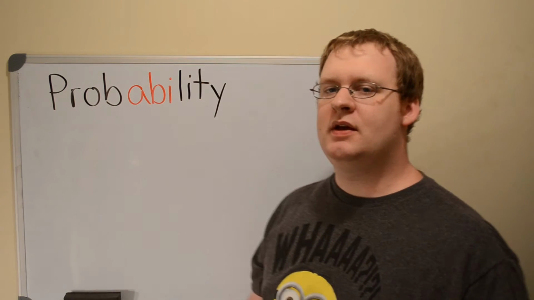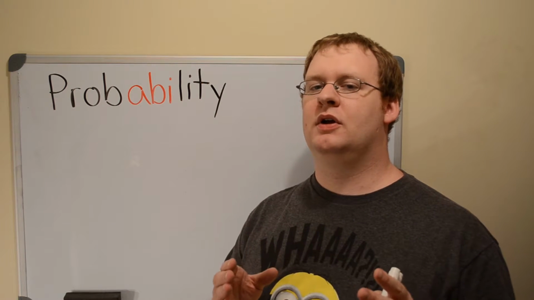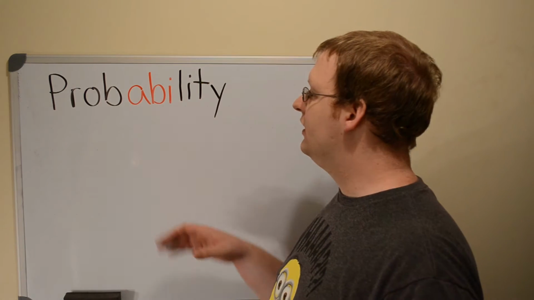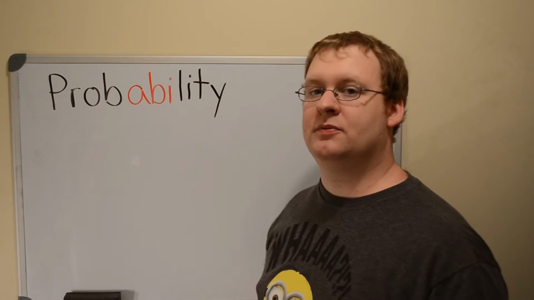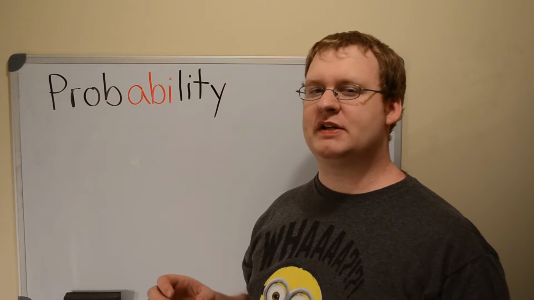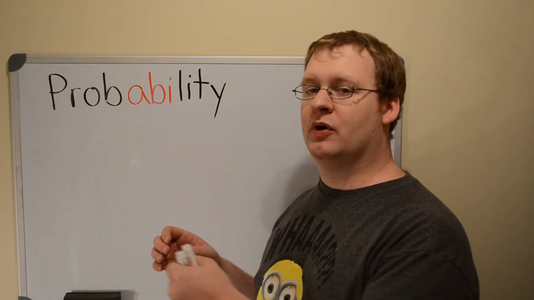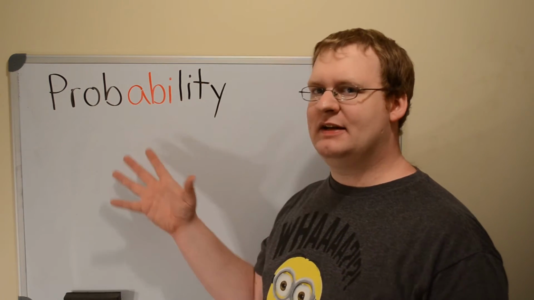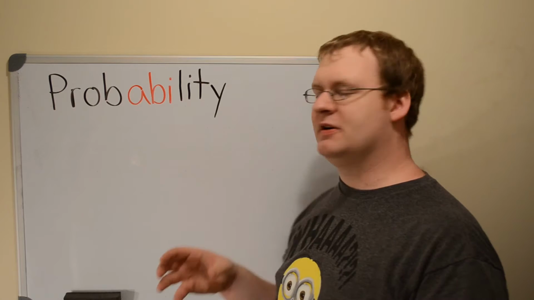Now, here's something that you can try on your own, and then I'll tell you if you're correct or not. Take the word probability here. Let's say that I were to take a saw and cut up my whiteboard, which I'm not going to do because I'm not rich and I can't buy more whiteboards. But let's just say that I did this. I cut up each of these letters individually.